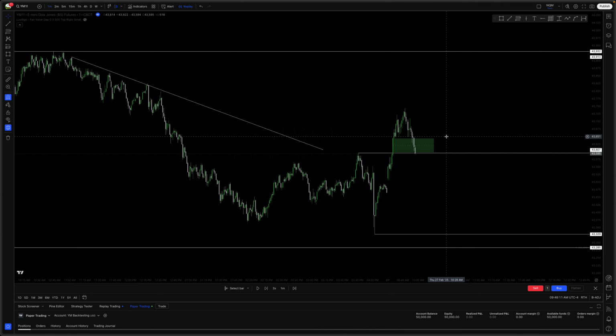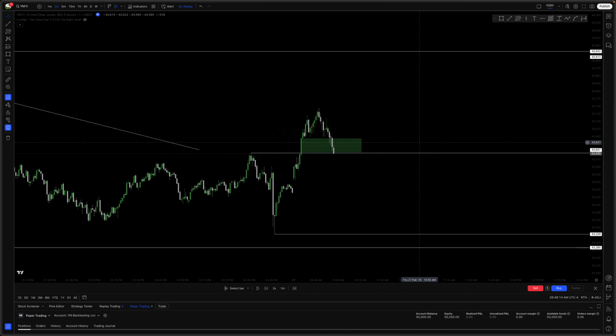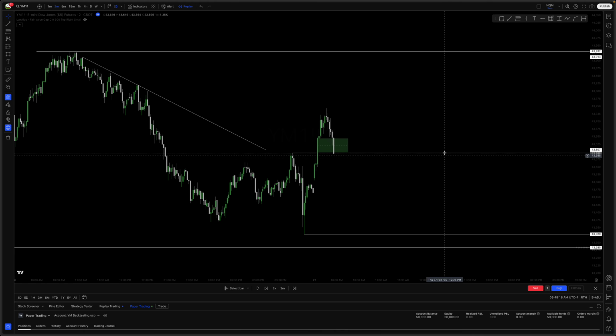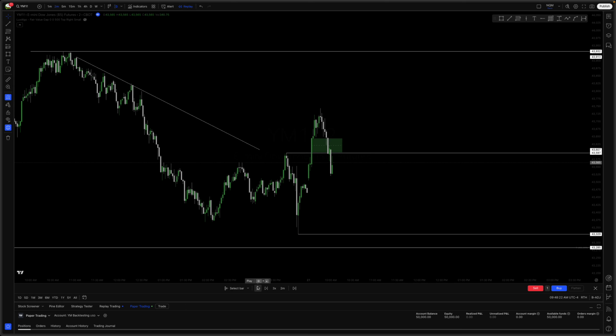Looks like a good long, but probably inversing this on the 2 minute chart. 2 minute chart. Yep. So I'm going to wait for another candle closure, see what happens then.